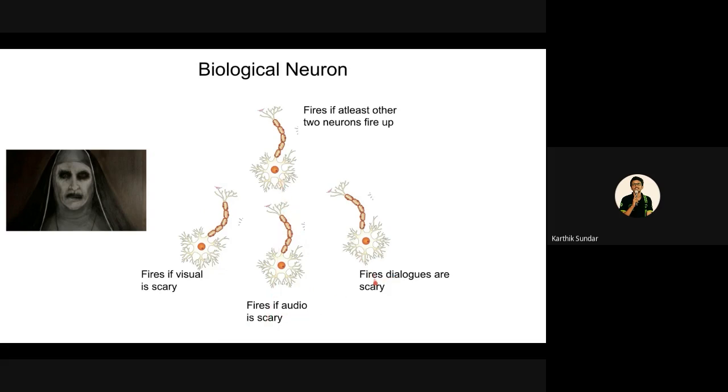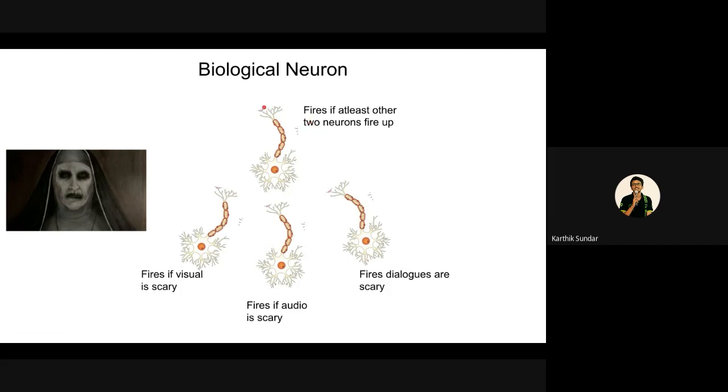Let's say the dialogues can sometimes be scary, so this neuron generates output only if the dialogues are scary. This last neuron takes all three outputs and fires if at least two of the neurons fire, which means if two of the three things happen, then this fires.